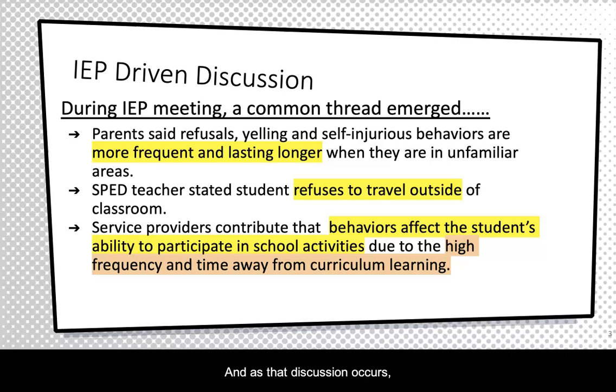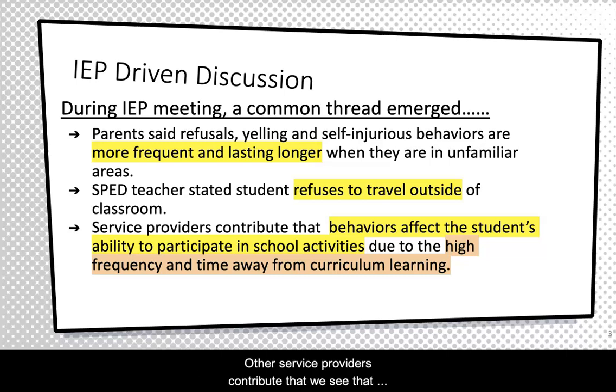And as that discussion occurs, others on the team agree that they see those same behaviors frequently, and that those behaviors are ultimately having an effect on the student being able to access and then participate in all areas of learning when they're at school. So in this, say, the special education teacher says, yeah, I see that they refuse to travel or transition outside of the classroom when they're asked to do so.